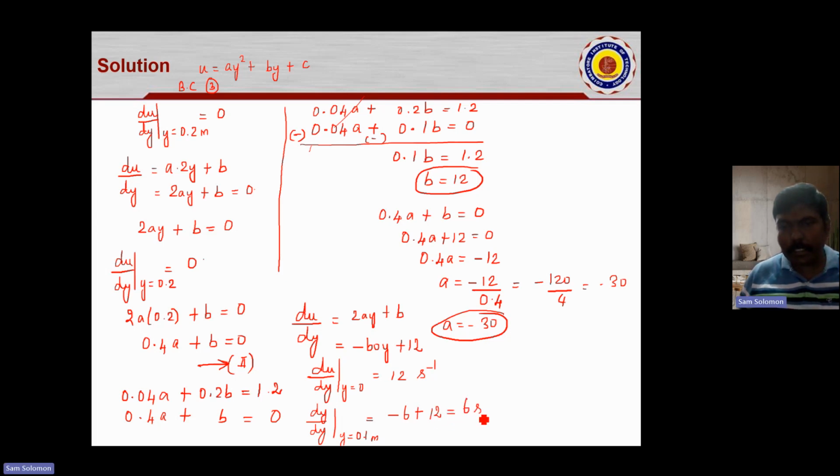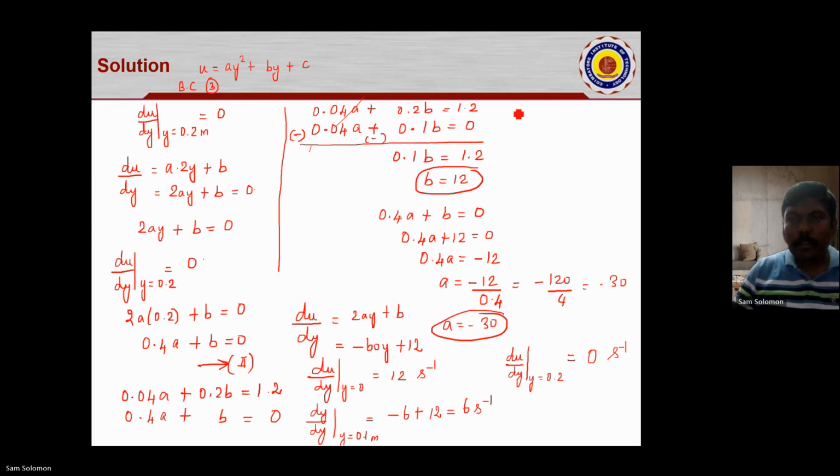So that is 6 second to the power minus 1. And the third one is du by dy at y equal to 0.2. So that would be 0 second to the power minus 1. The value becomes 0.